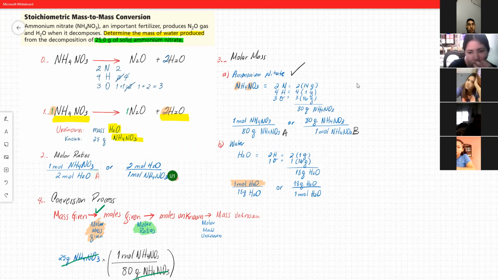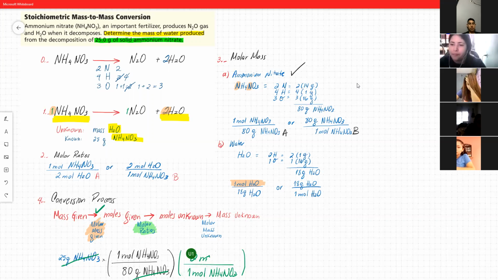If I want to eliminate moles of ammonium nitrate, B. I will be using B. So this is 1 mole of ammonium nitrate below and 2 moles of water on the top. With this, I eliminate the moles of nitrate.